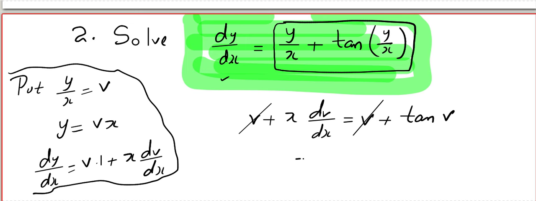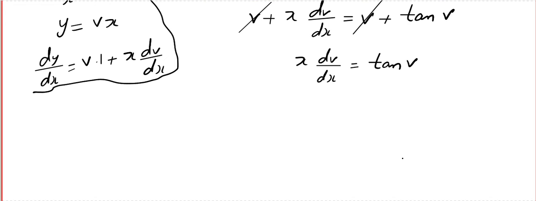I told you, once you plug in that y is equal to vx and so on, our equation will be reduced into variable separable form. Sometimes you don't have to simplify too much. Sometimes you'll have to simplify a lot. That depends. Now let's cross multiply.